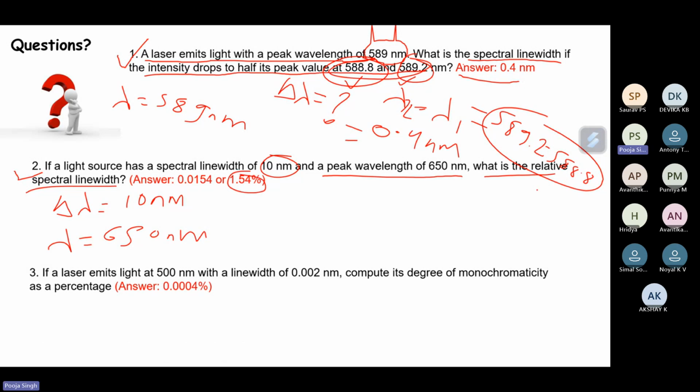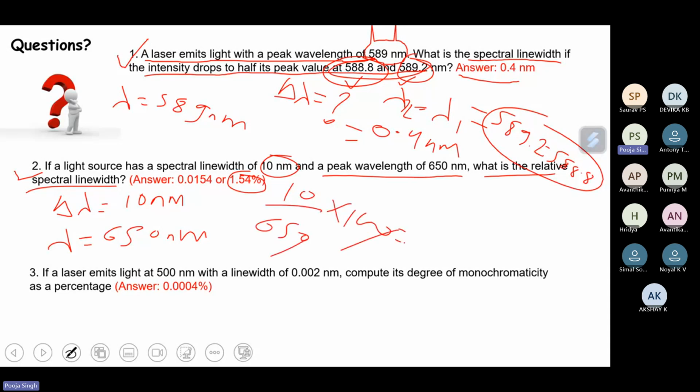Guys, you people are not speaking at all. At least say yes or no. Yes, ma'am. So what you have to do is 10 divided by 650 into 100. If you solve this, I think you will get 1.54 percent.